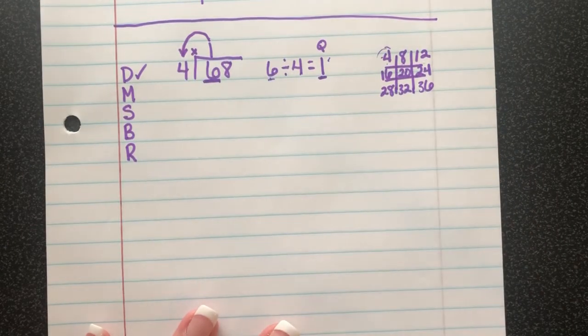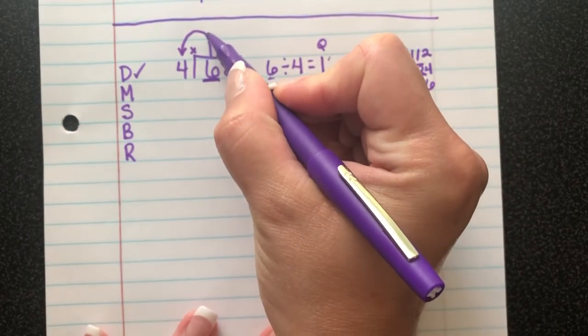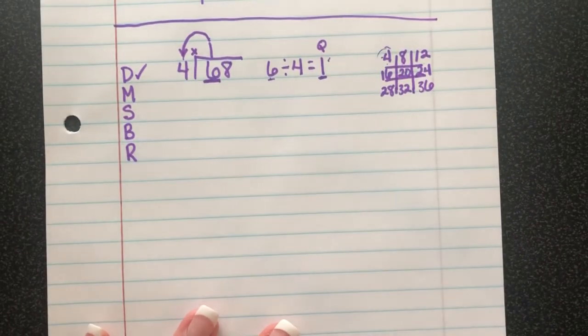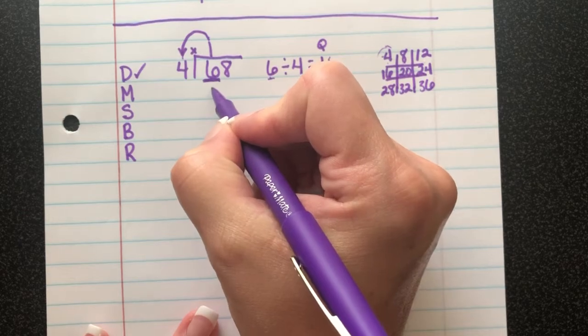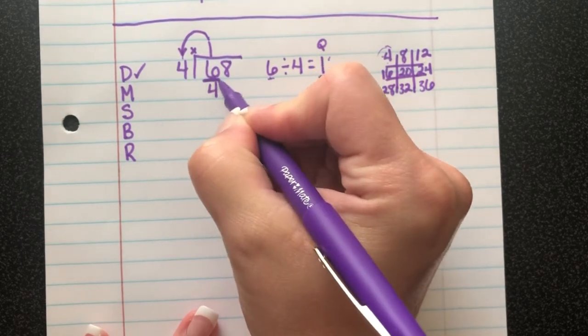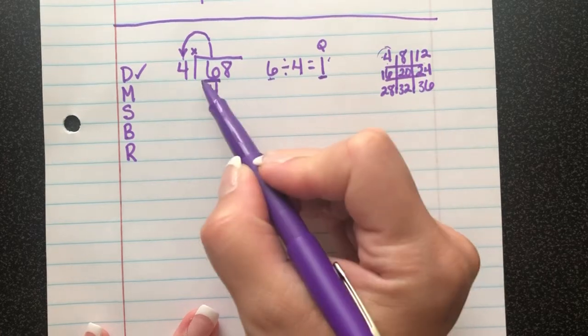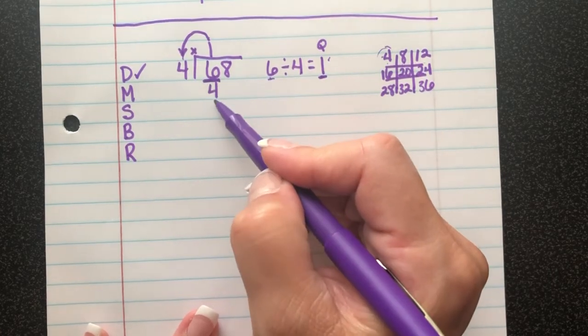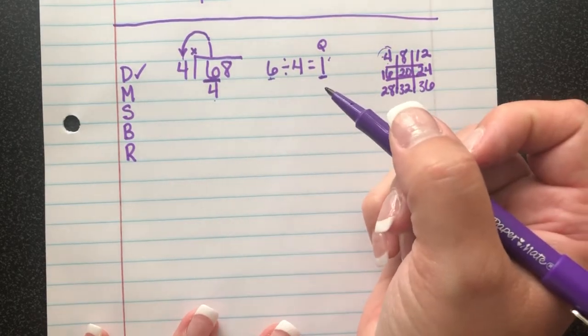So I'm multiplying the 1 that I just put up here times my divisor of 4, and we know that's going to give us 4. That 4 is going to come down right here, underneath the 6. That's why I underline up here when I'm dividing. That helps me see where I'm going to put my 4. I put it right underneath what I underlined.